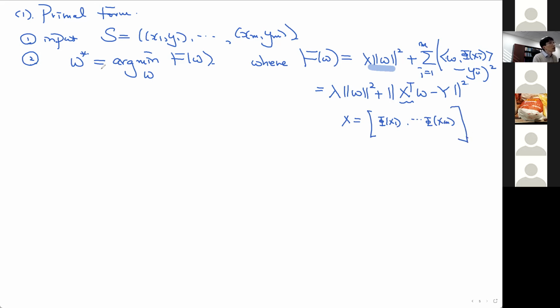Once we compute the solution, we return it. Either we can return w star, or we can return a function that maps x to w star transpose phi of x. So we have either the first or the second. But just like before, it turns out this primal form actually has an analytic solution.